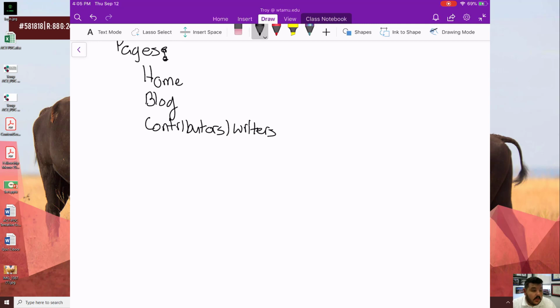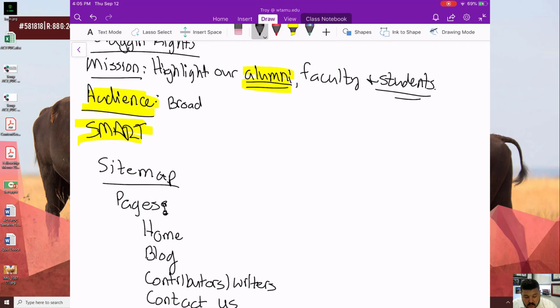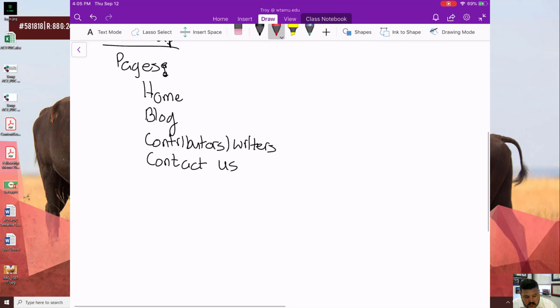I also want a page that people can contact me, Dr. Rob, or our students who have some news that they might want to share. So to think about how they can easily navigate our website, if they only want to go and learn about students and see what students are doing, maybe it's an alumni or a donor who has donated money and they want to see what our students are up to.